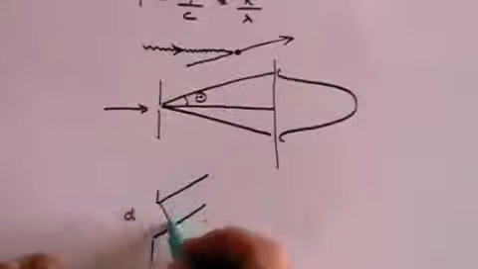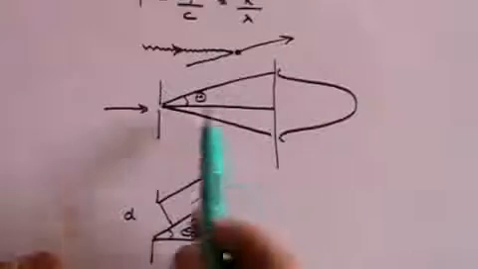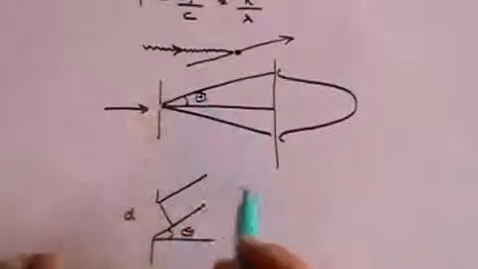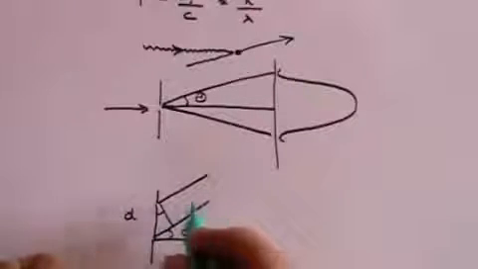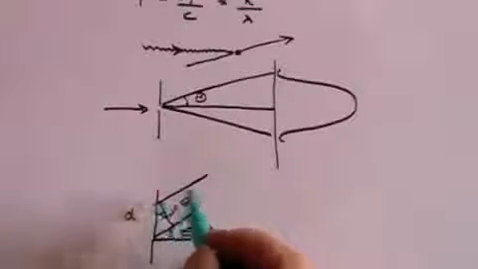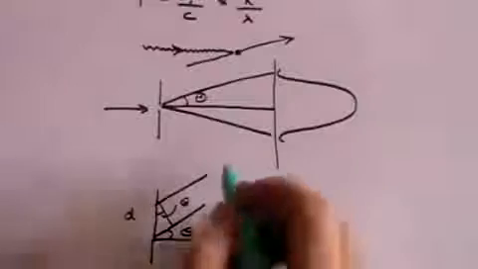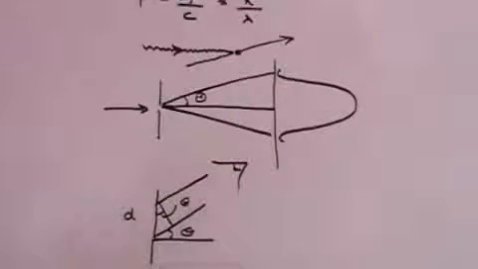Now, if we drop a perpendicular here, this angle, as we've said, is theta. That's that angle there. And by geometry, this angle here is also theta. Now, what will cause these two waves, when viewed by my eye here, to cancel out?